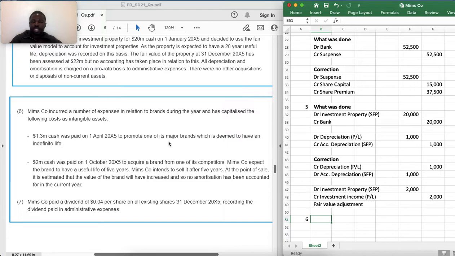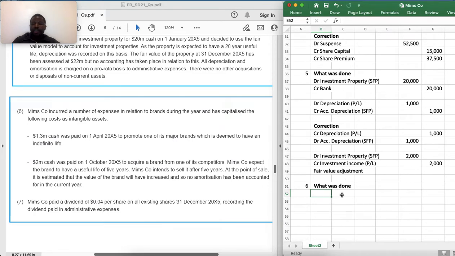So what we will do here, we'll just correct. First of all, do the journal as I am teaching, so I'll do every step. What was done here, the company had debited intangibles, that is as at 1 April, in the statement of financial position, all 1,300 and credited bank with 1,300.